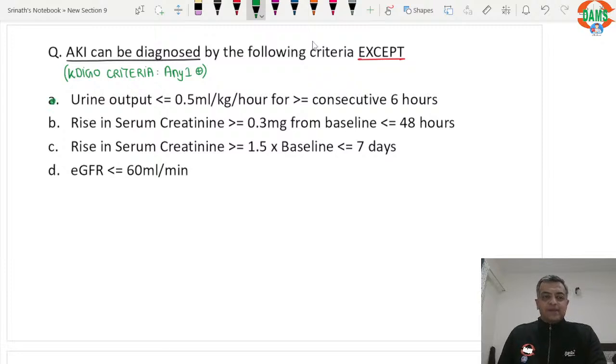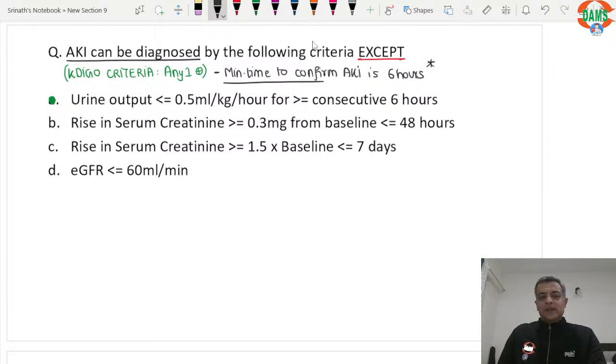We can say if the urine output is less than 0.5 ml per kg per hour for 6 consecutive hours. That's why we get the question that the minimum time required to confirm the diagnosis of AKI is 6 hours.